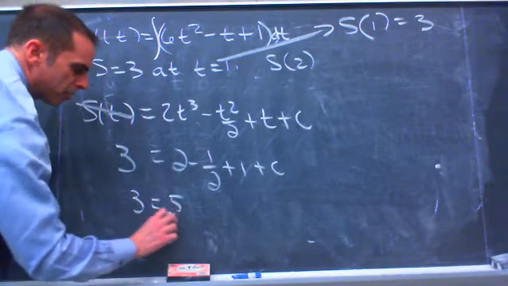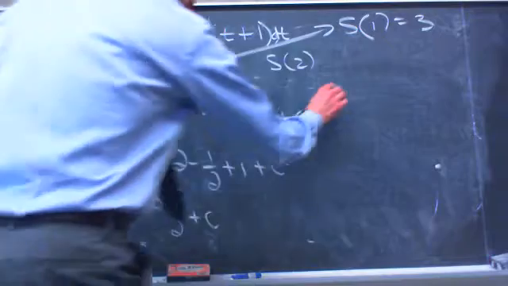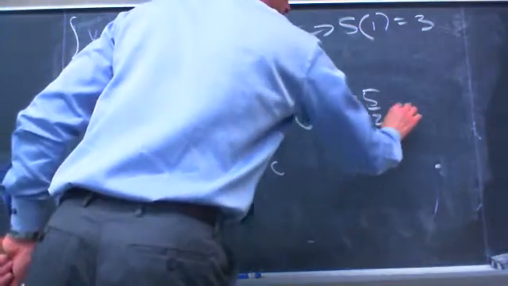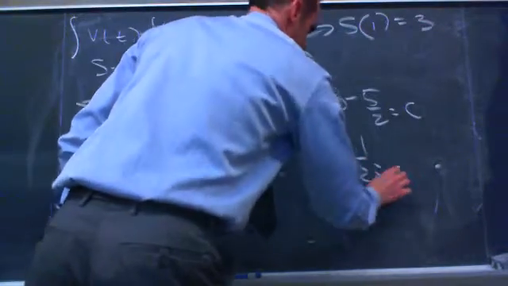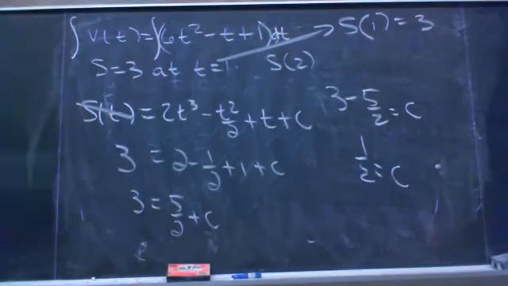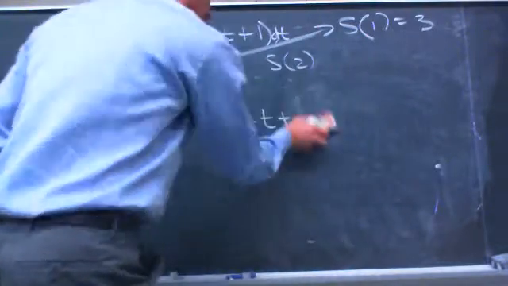So 3 equals 5 halves plus c. Subtract the 5 halves. 3 minus 5 halves is c. 6 minus 5 is 1. So c is 1 half. So that means now the particular position function is this.